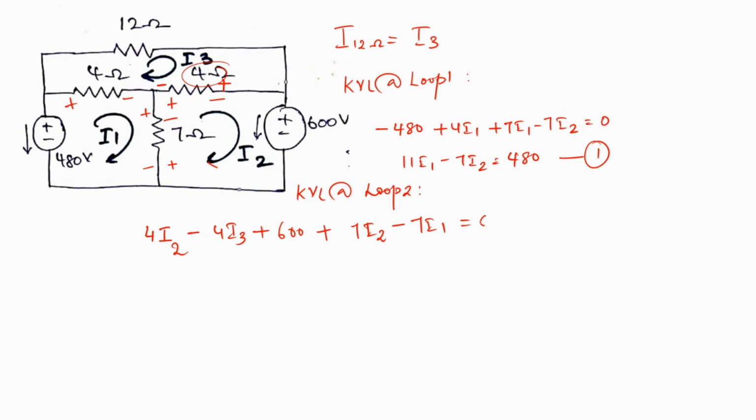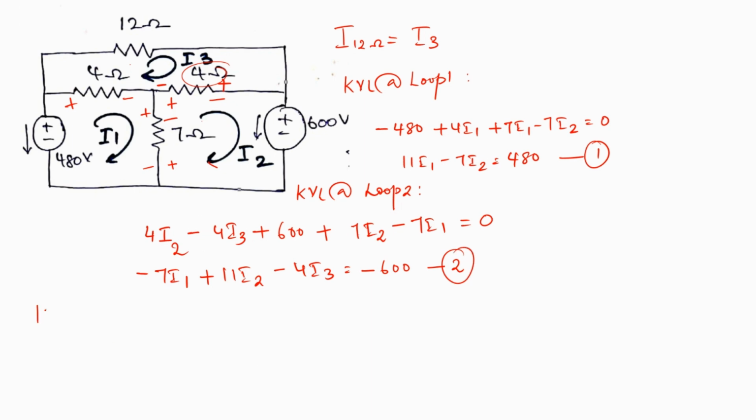All this put together is going to be 0. So now when I simplify this, I'm going to get minus 7I1 plus 7 plus 4 is 11I2 minus 4I3 is equal to minus 600. This is my second equation.